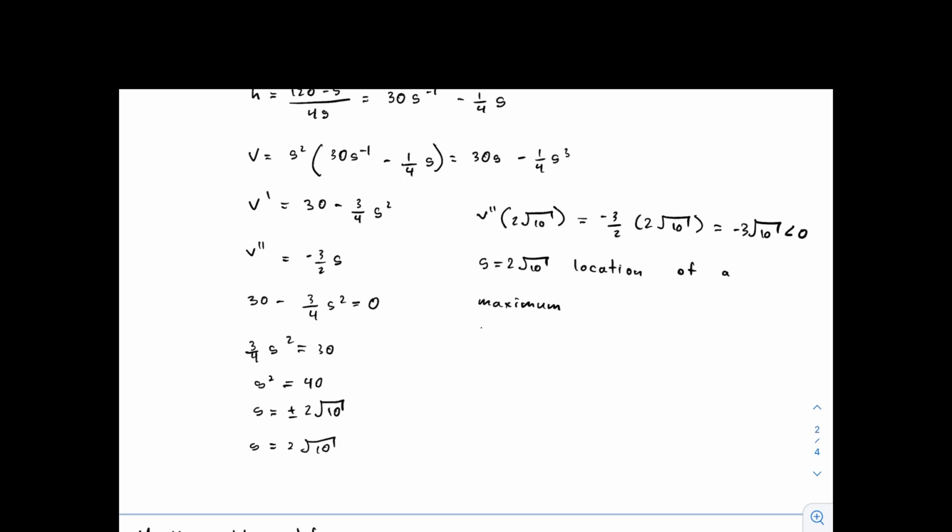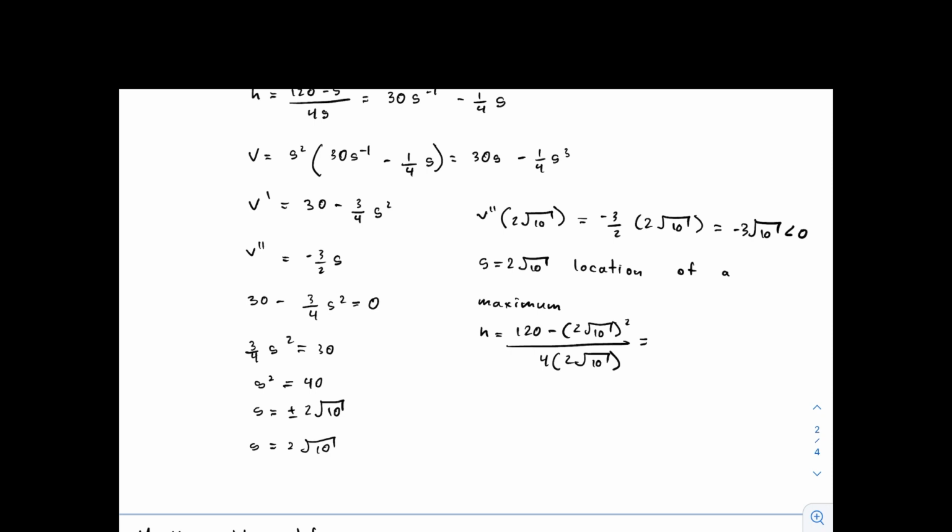We can figure out what our height is going to be, and that's going to be 120 minus 2 square root 10 squared over 4 times 2 root 10.